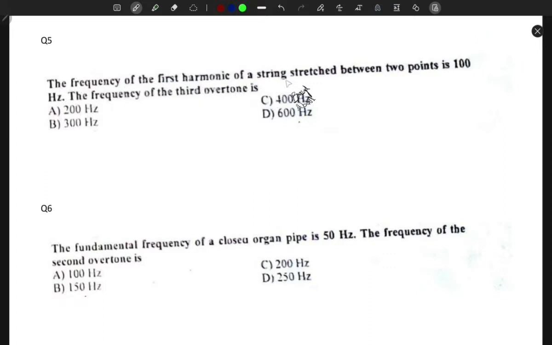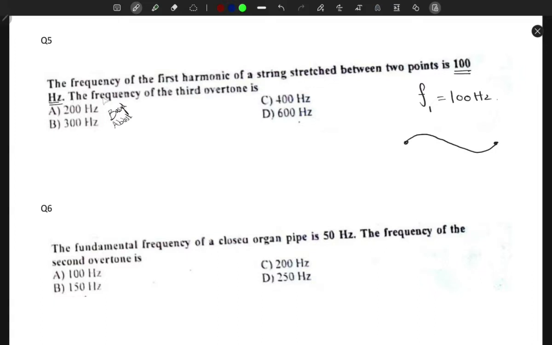first harmonic of a string stretched between 2 points. So a string is stretched between these 2 points, and we're given the first harmonic as 100 hertz. So that's the first harmonic. Now, first harmonic is F1, which is given as 100 hertz.